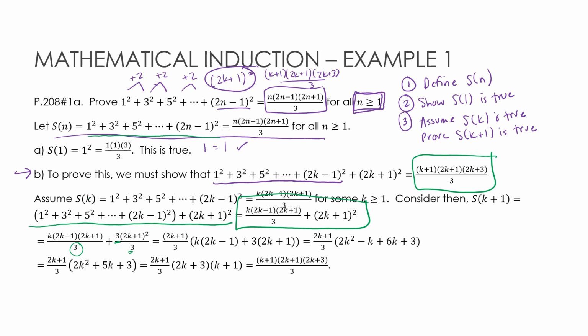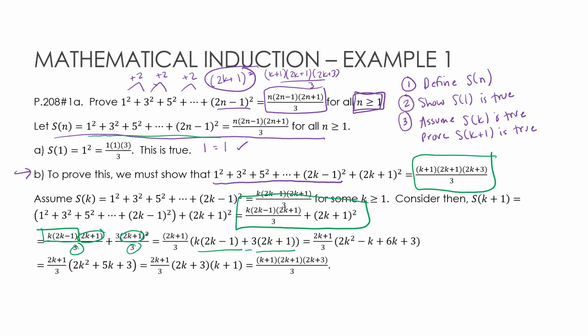Deal? So now let's try to simplify what I can. It looks like I have a common factor of 2k plus 1 and a denominator of 3, so I factored that out. That left me with k times 2k minus 1 plus 3 times 2k plus 1, because remember we only took one of those away.